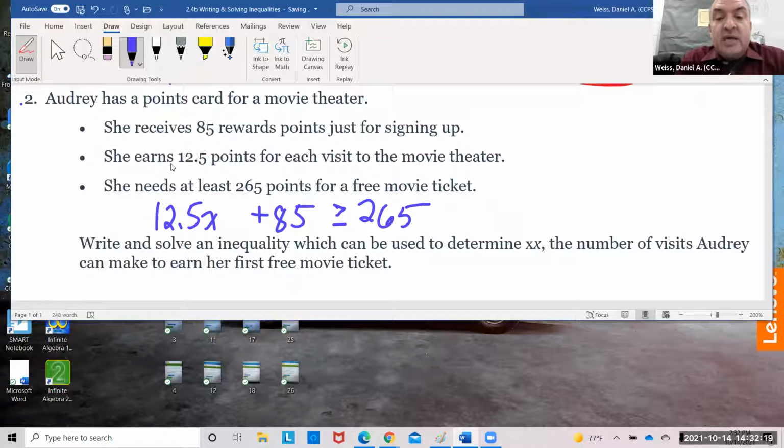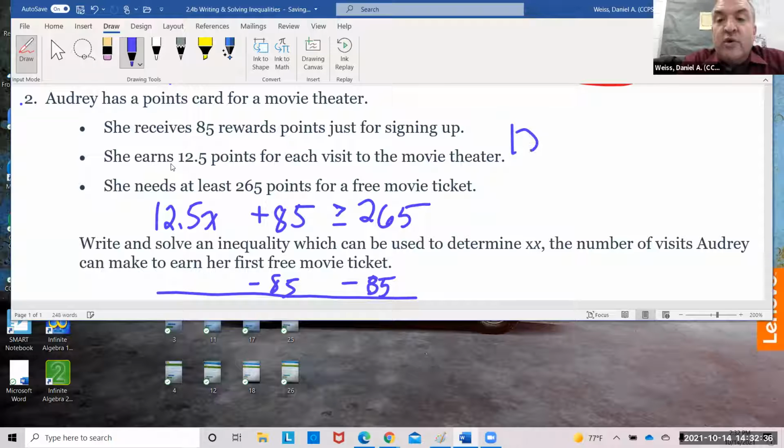So now, how do I solve? Well, I'm going to minus 85 from both sides. I'm going to get 12.5x is greater than or equal to, what's 265 minus 85?